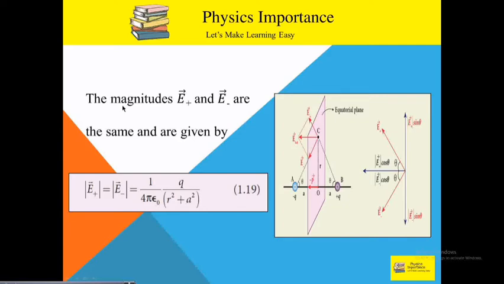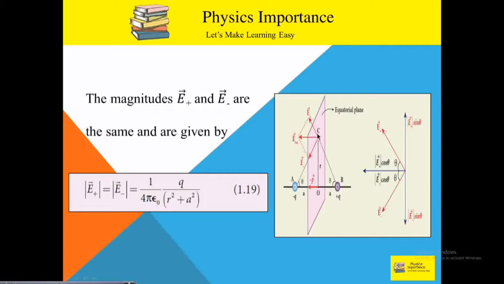Now we have to find the magnitude of E plus and also E minus. So we know the formula for electric field, that is 1 by 4 pi epsilon naught Q by R square. So what about this R square? Distance, that is AC, or we can say it is BC.